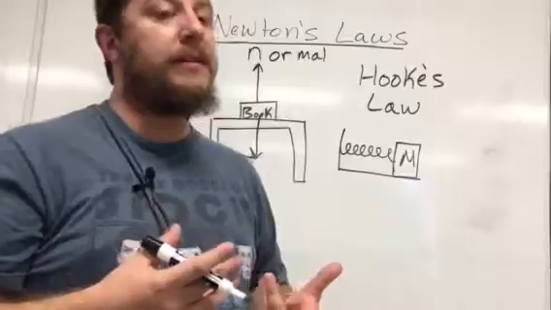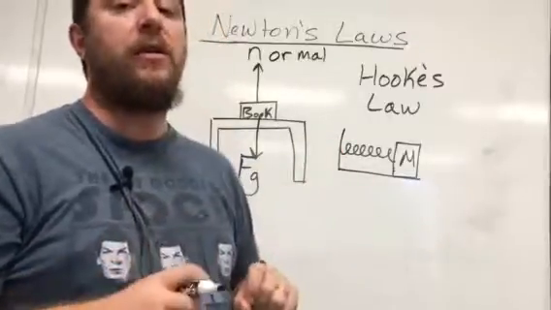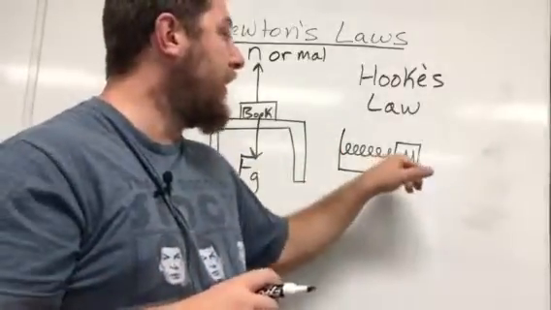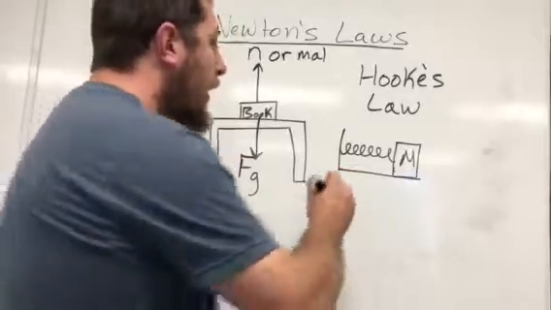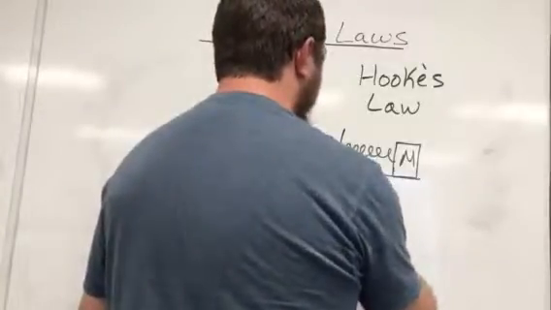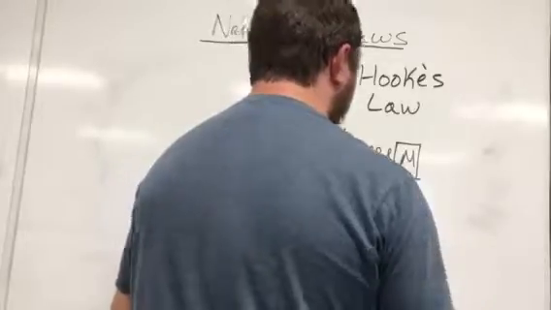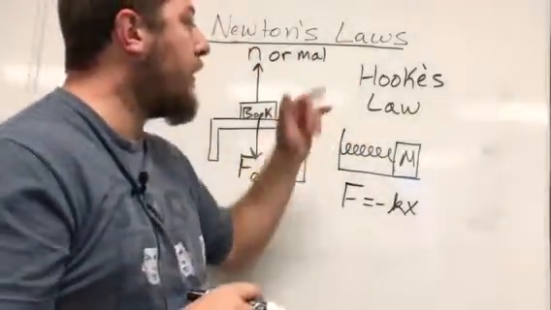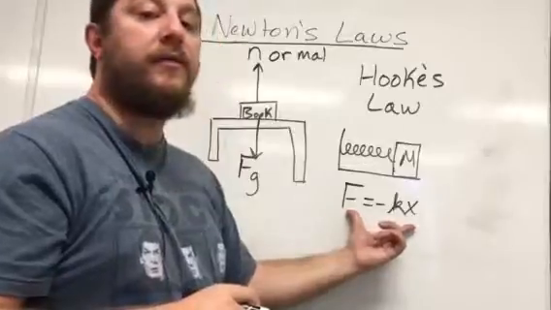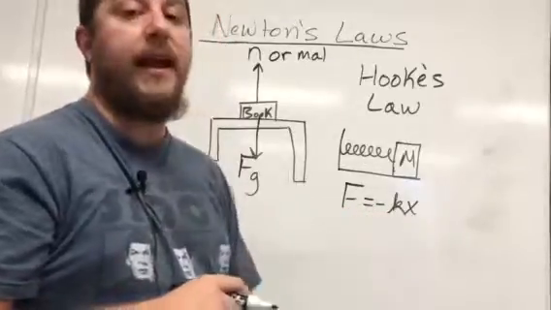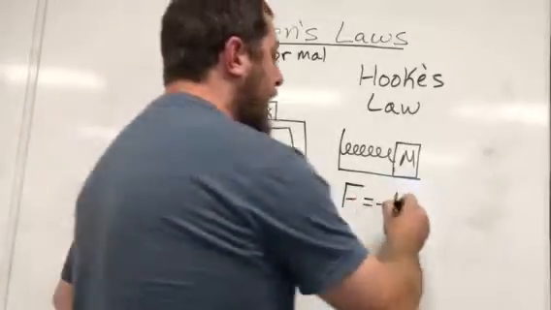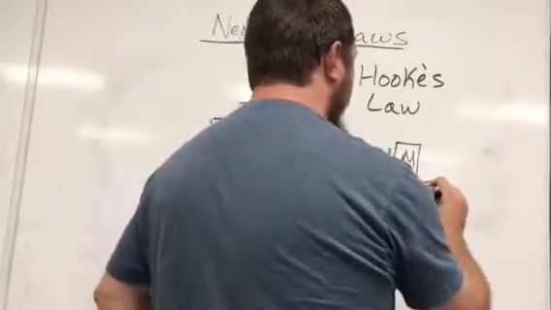So what that means is that the spring must be exerting a force on the mass m, and we call that force Hooke's law. It is written as F equals negative kx, and k is called the spring constant.